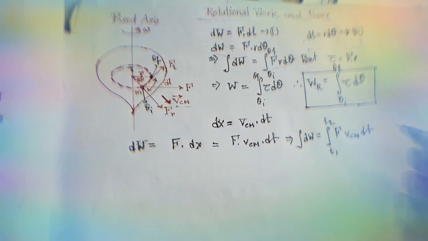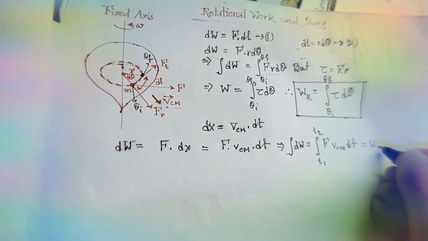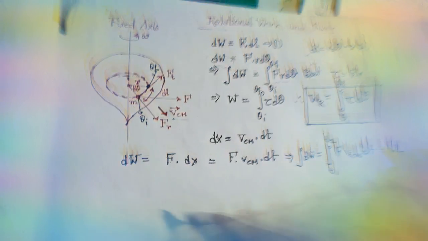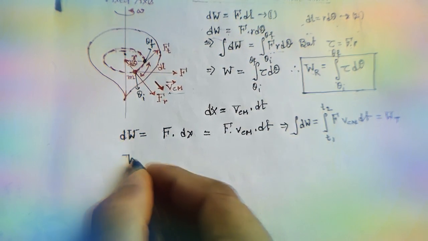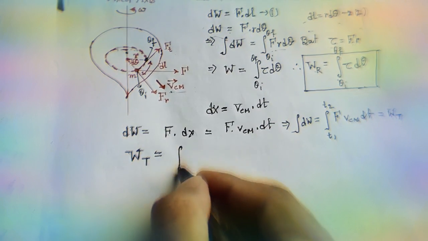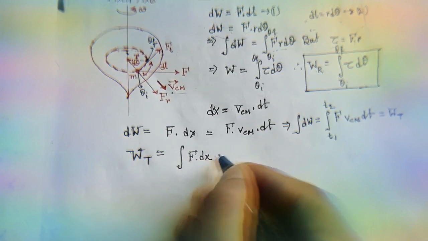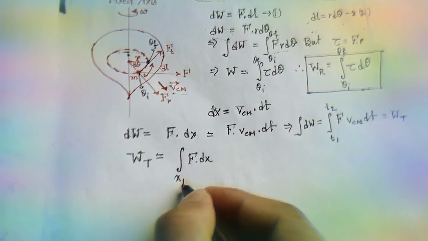And this is the equation for finding the work done due to translation, or again we can write this as WT, work done due to translation, equal to integration of F dot dx from x1 to x2.